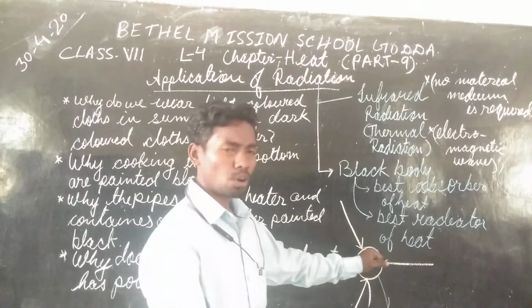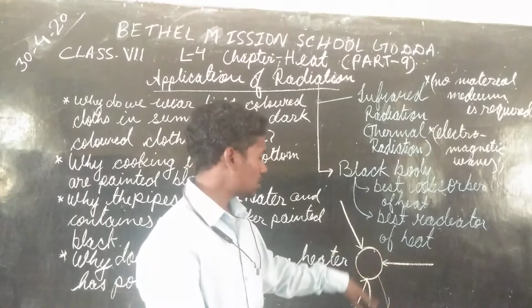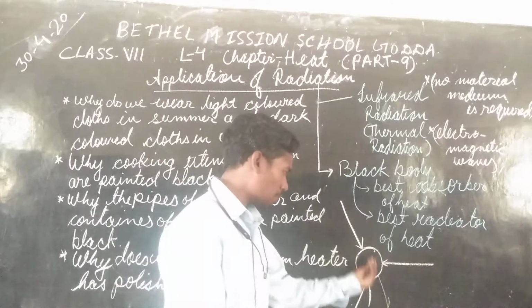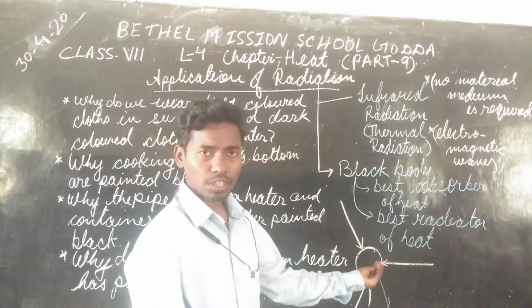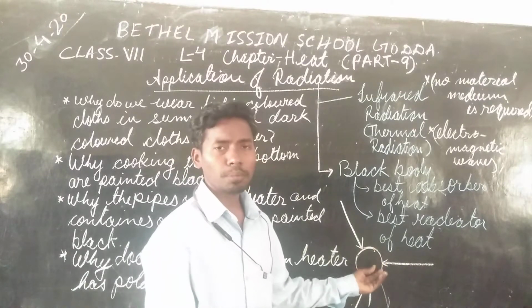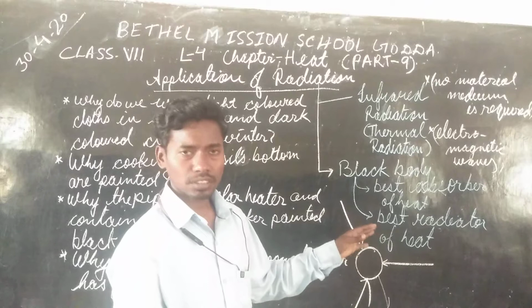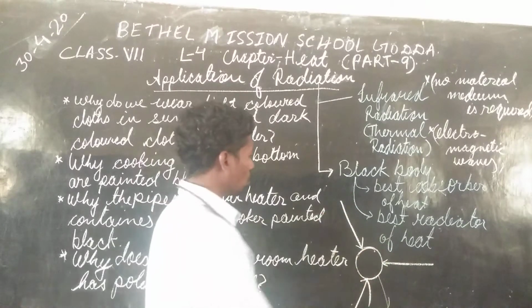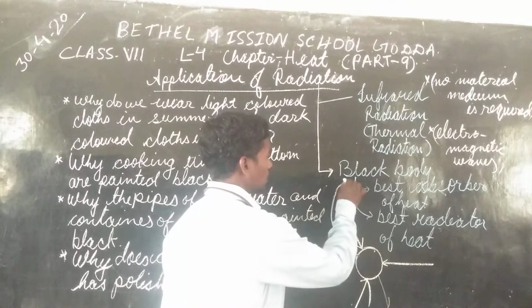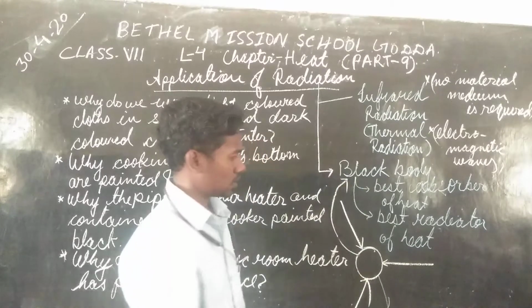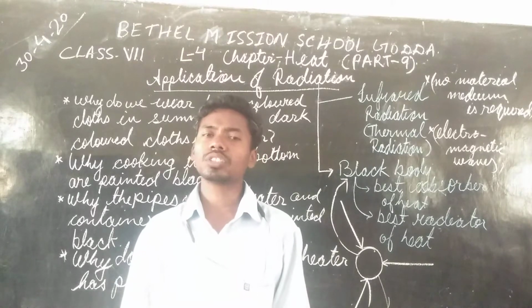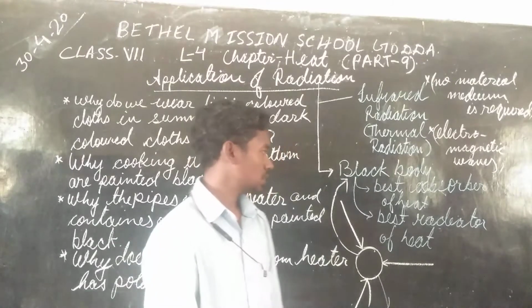It should absorb, and these radiations will not come out. Means these radiations get trapped inside it. Such types of bodies are called black bodies.